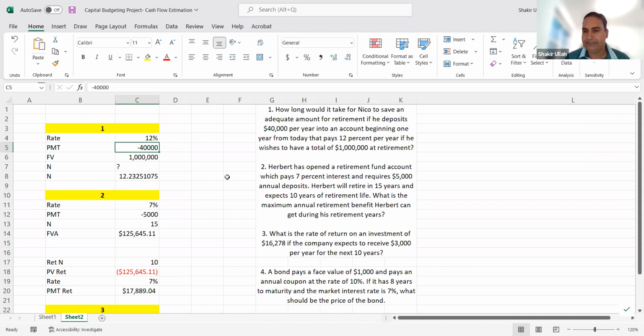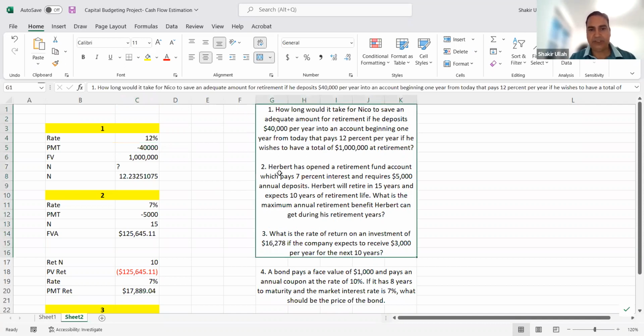So I'm trying to think, because I think I've seen some questions where it said like deposited this amount and then calculate some other things. But I can't remember right off the top of my head. Now let's go through the other problems. Maybe you will have it there. If not, we'll find those problems out and we'll solve them.